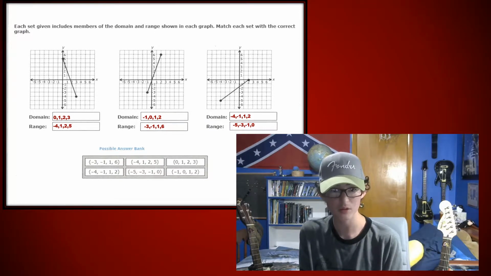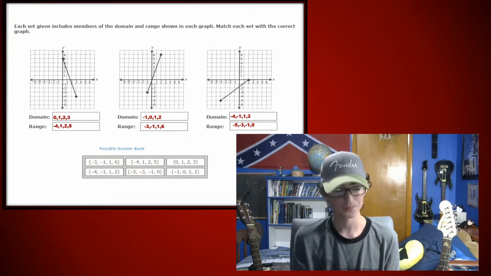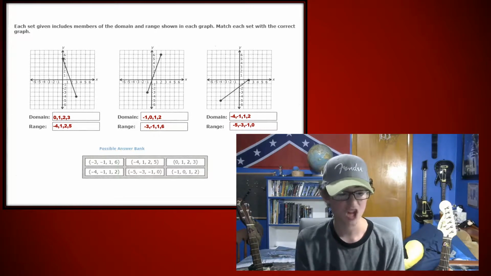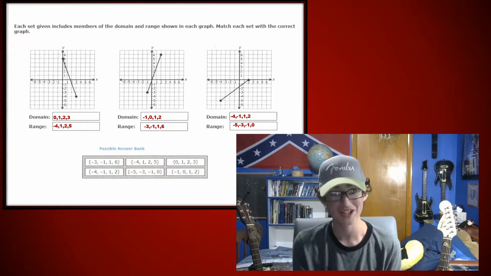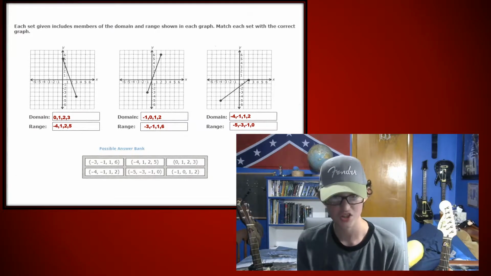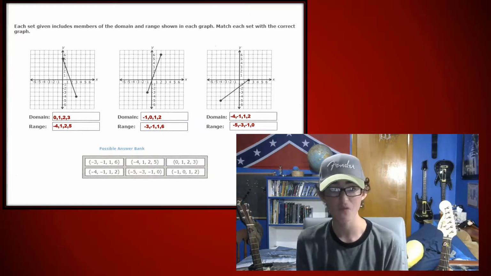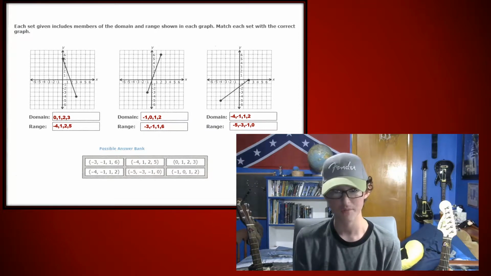Now we have to find the range, the y-axis. So, that'd be -4, -3, -2, -1, 0, 1, 2, 3, and 4. Now, that is a lot more than 4 numbers. I can tell you that for sure.